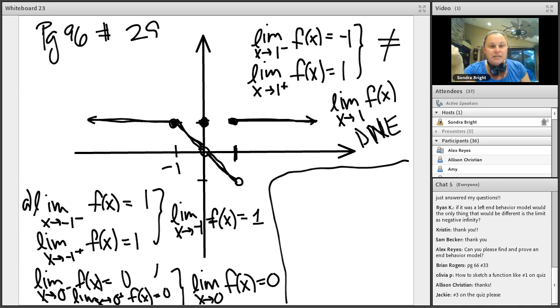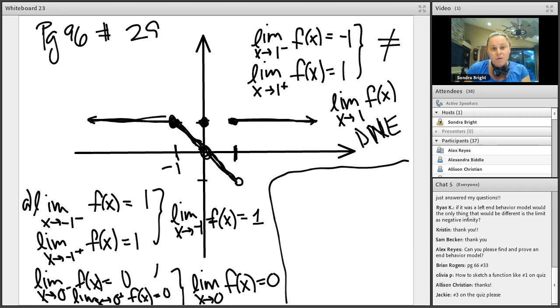The second part is that the limit needs to exist for it to be continuous. At x equals -1, we said the limit existed and was equal to 1, because the left-hand and right-hand limits matched. At 0, we also said the limit exists because the left and right-hand limits matched.